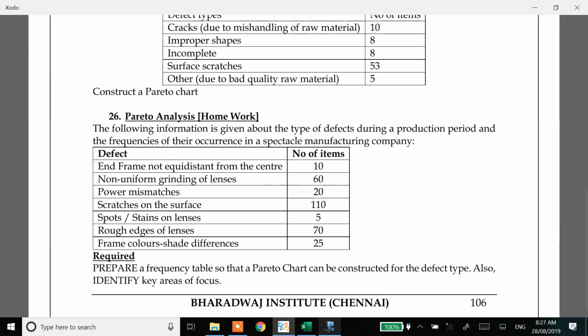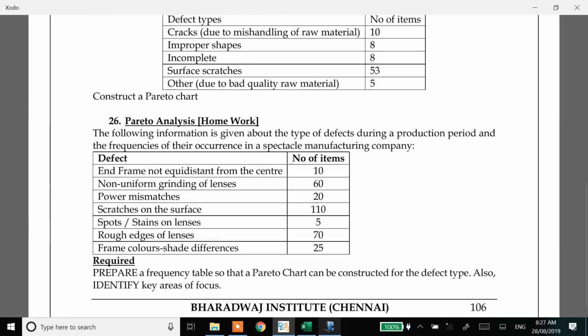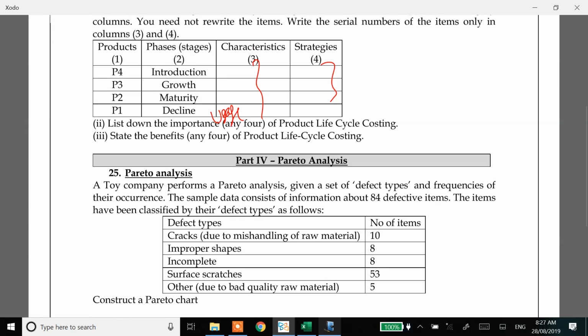Go through this. This got tested in your recent exam for 10 marks. Not this question, but a similar question got tested in the exam.